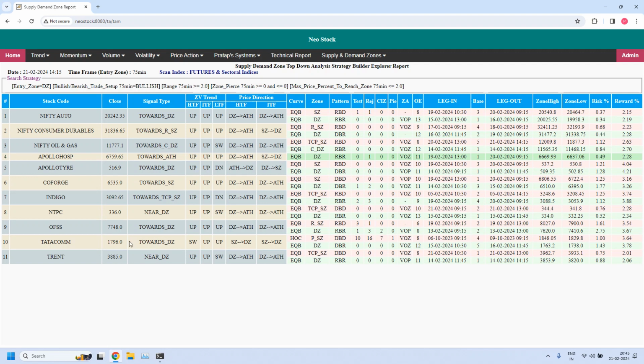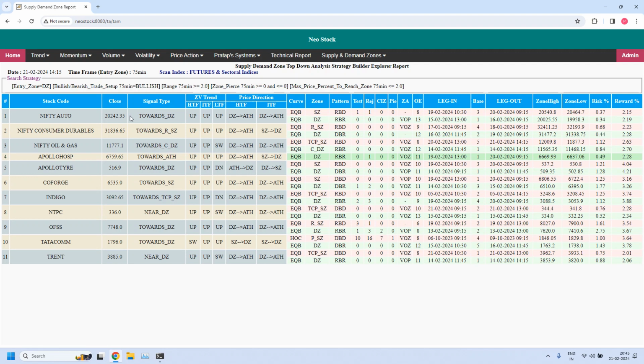Currently price is moving towards demand zone. OFSS is also moving towards the demand zone. NTPC is already near the demand zone. And Apollo Tyre also moving towards the demand zone. Nifty oil and gas is moving towards the demand zone, high liquidity demand zone. Nifty auto is also moving towards the demand zone.